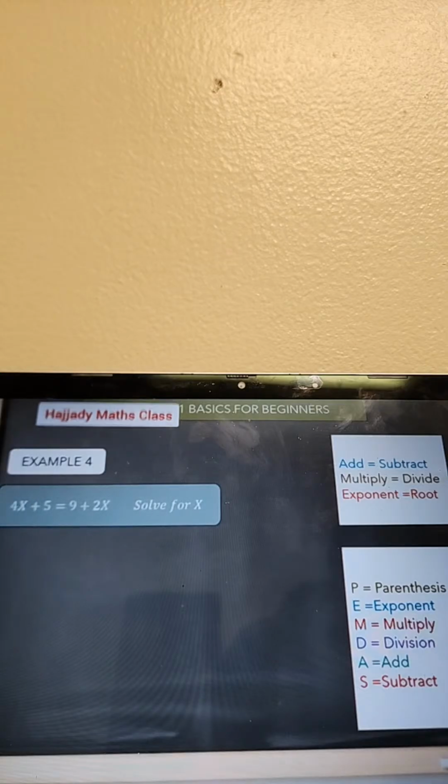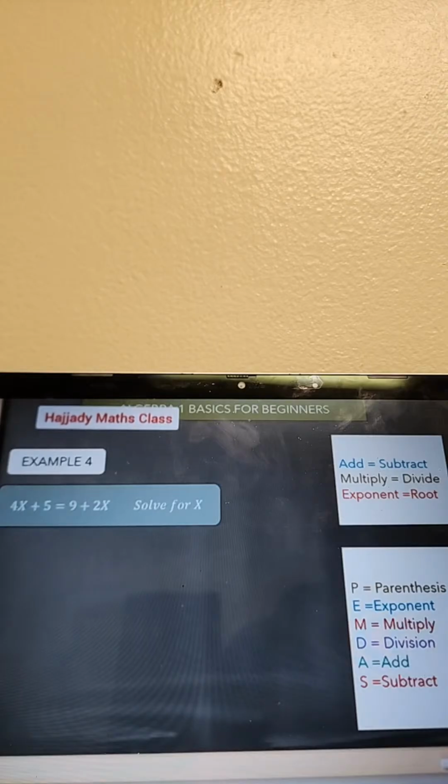Example 4. In example 4, we have the same thing. We're having 2 operators here, but here we're having the variable x on the left side and also on the right side. What do we do? The first thing we need to do is to make sure we have the variable on one side, preferably on the left side.